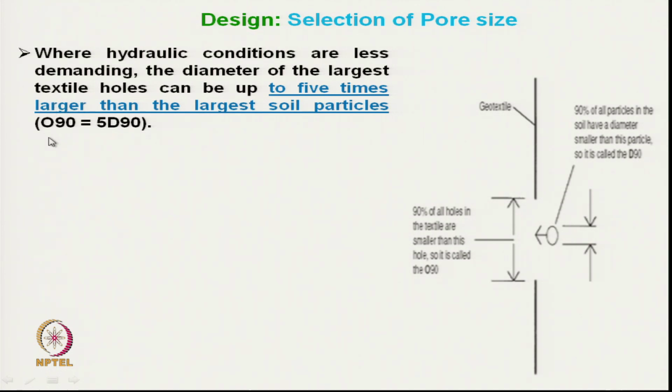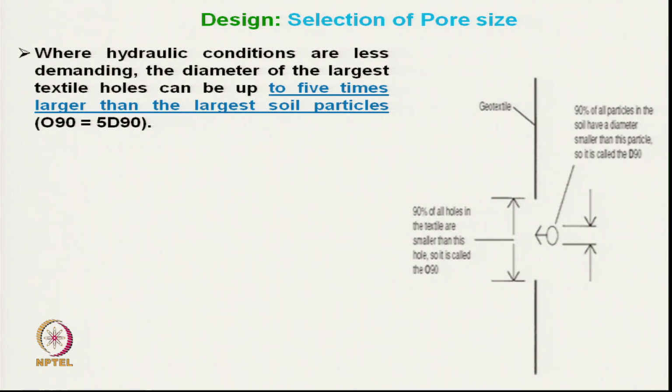Say O90 of 1 millimeter means 90% of the pores are of 1 millimeter or less in diameter.